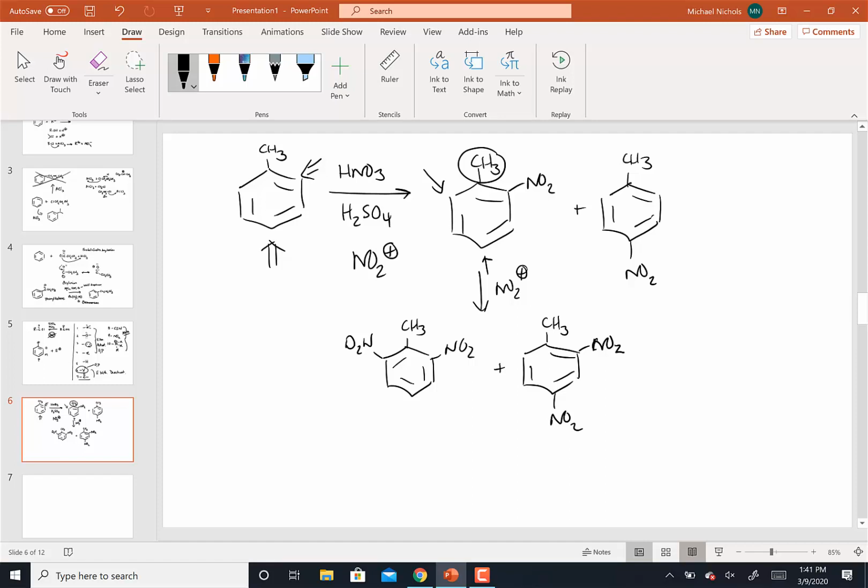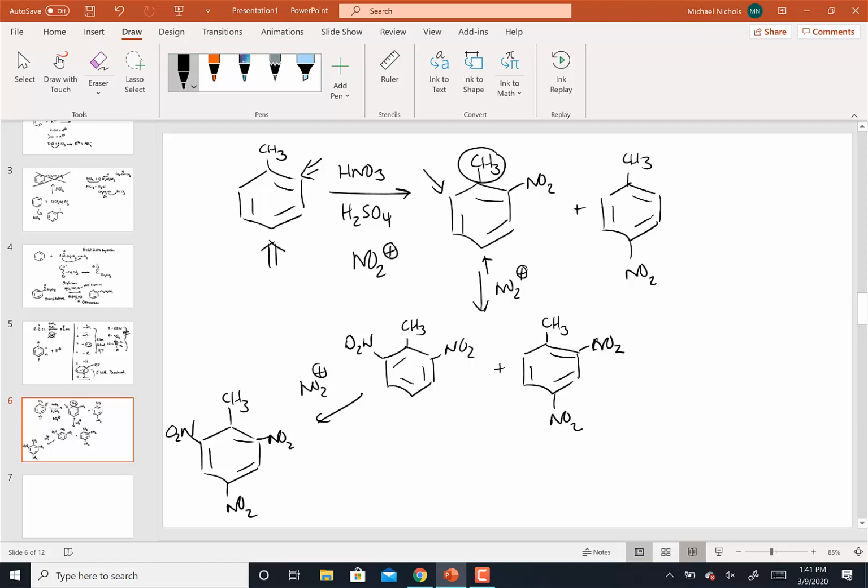And then let's just take the molecule on the left. Let's do that one more time. So add one more NO2 group. What would be called exhaustively nitrated toluene, all of the products are going to be the trinitrotoluenes listed there.